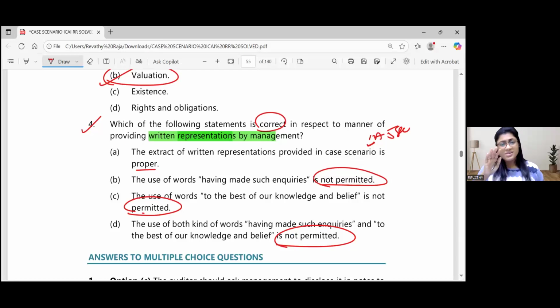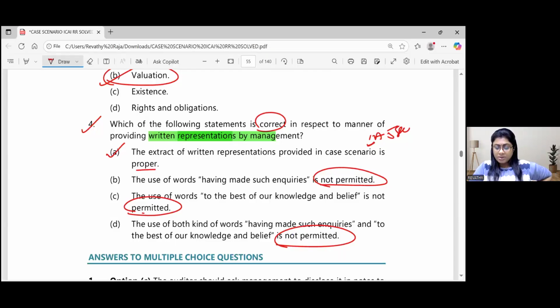So choose the best. Best of our knowledge is the qualifying language. It is permitted. You can accept if it is reasonable and justifiable. So the answer is A.